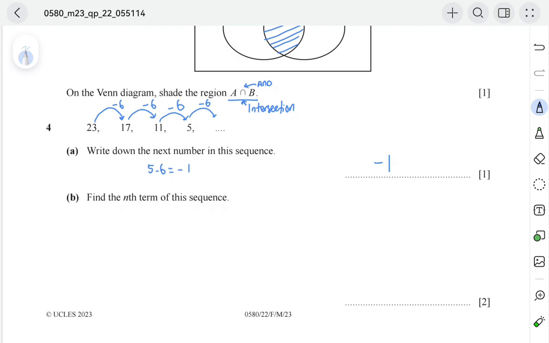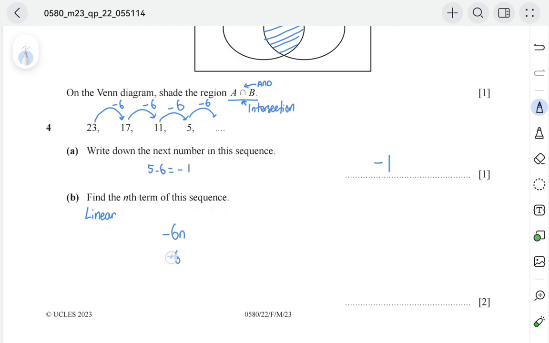So, because each of the intervals are the same amount, this is actually a linear sequence. And for a linear sequence, the interval is the coefficient of n for the nth term. That's not it though, as if it's just this, the first term would be -6.